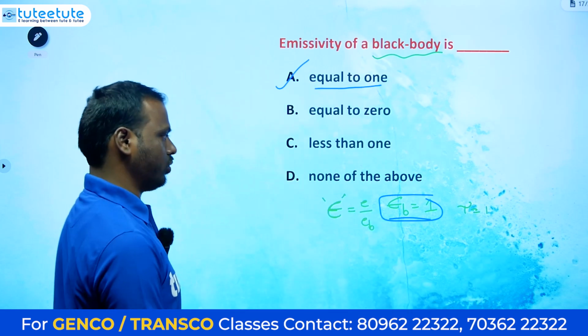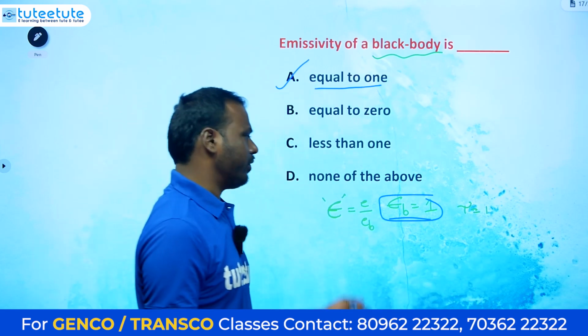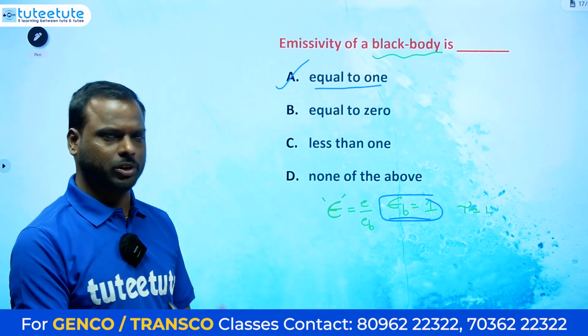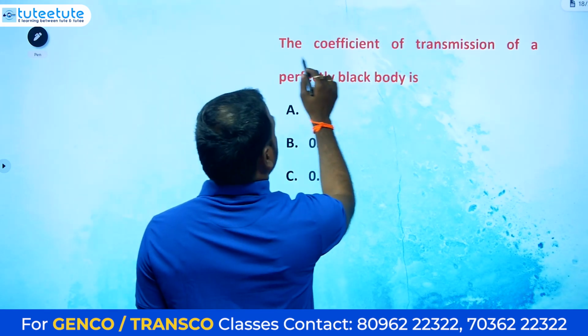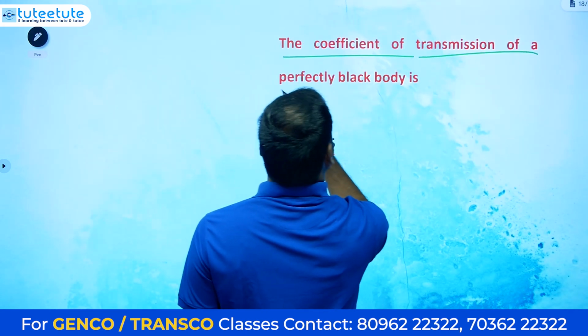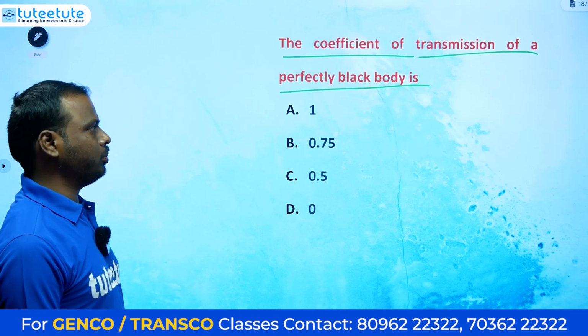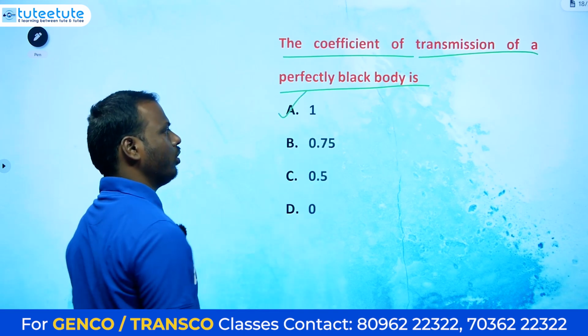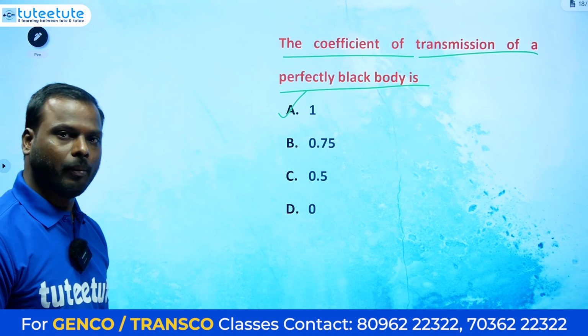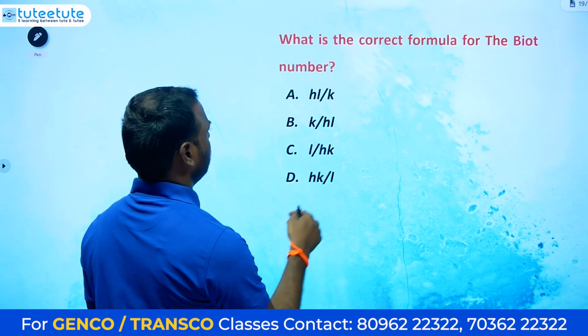Generally, emissive power is nothing but transmissible power, that's it. The coefficient of transmission of a perfectly black body is equal to 1.